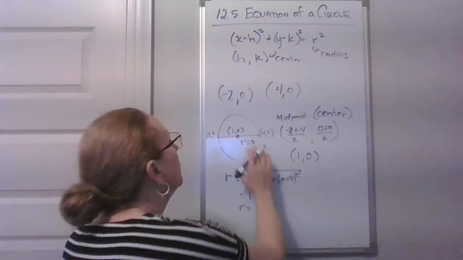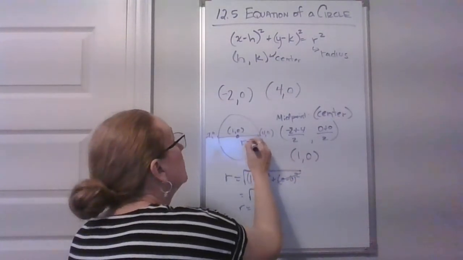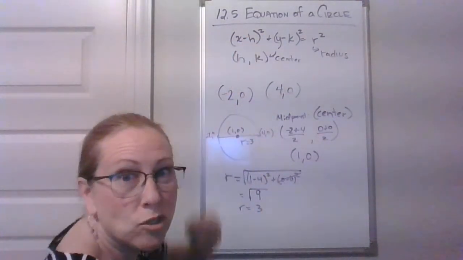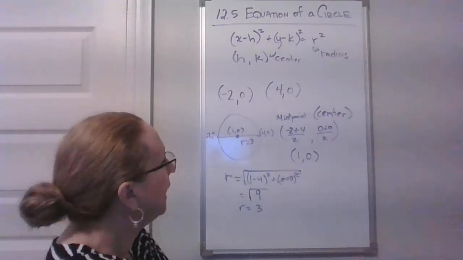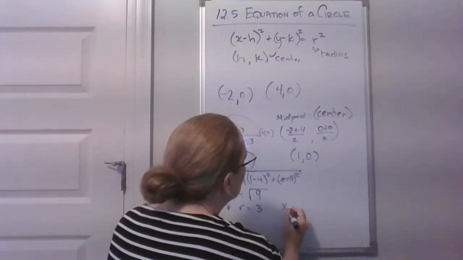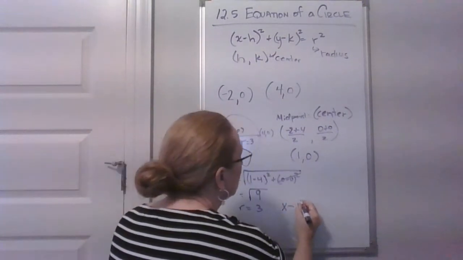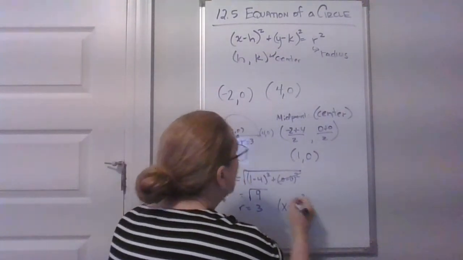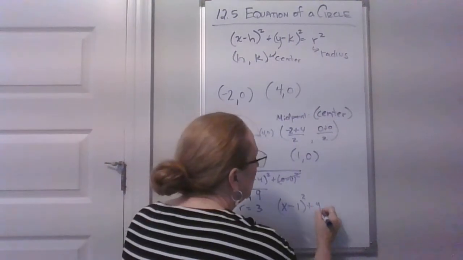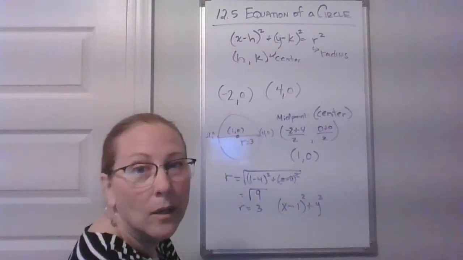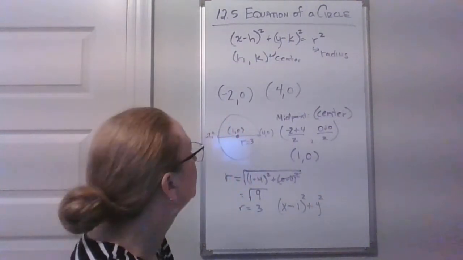Now going backward, we are ready to actually build back to the equation of our circle, x minus center value 1 squared plus y minus 0, which is y squared, because y minus 0 would be y.